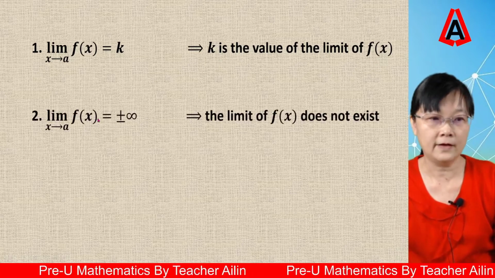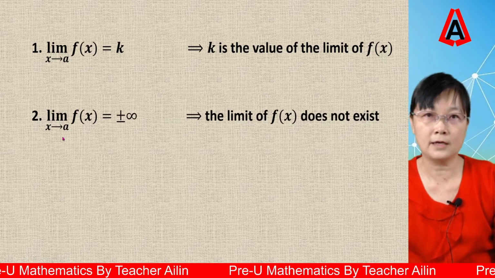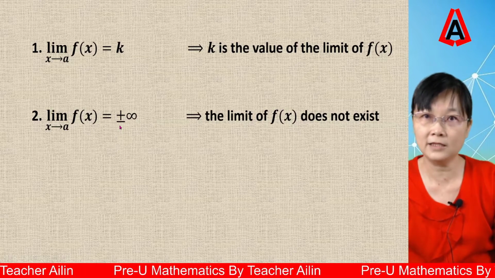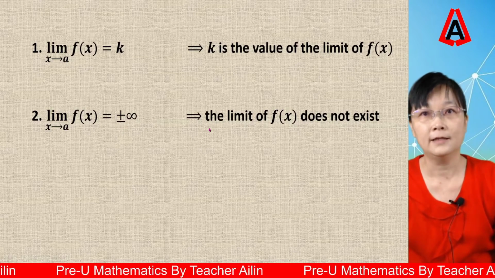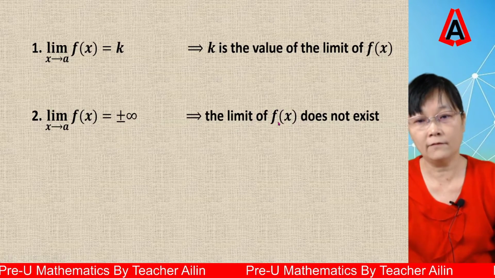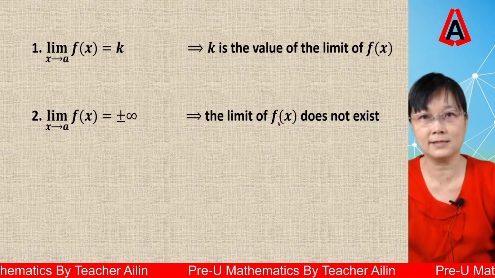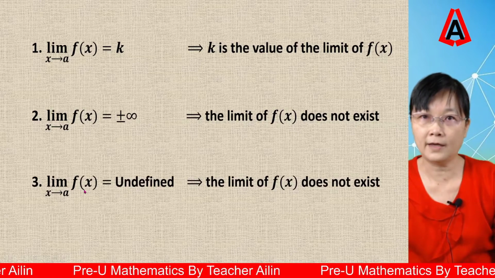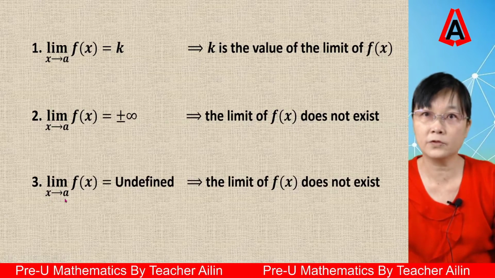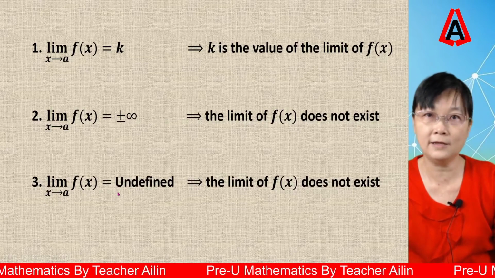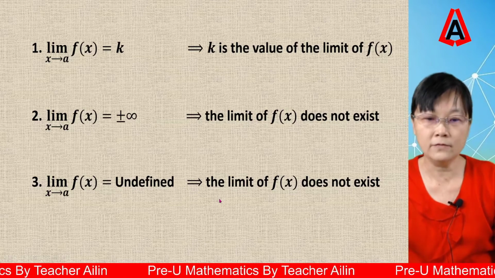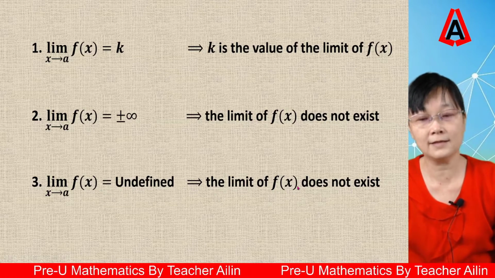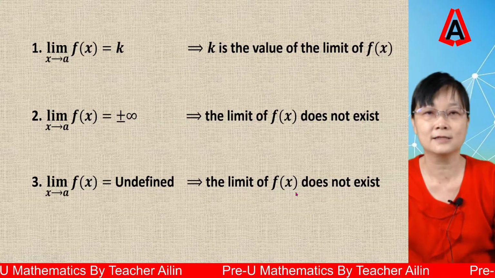If the limit of f(x) as x approaches a is equal to positive or negative infinity, then we say that the limit of f(x) does not exist. And if the limit of f(x) as x approaches a is undefined, same thing, we will say that the limit of the function f(x) does not exist.